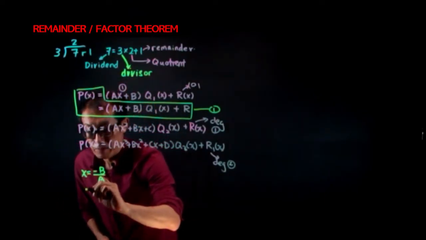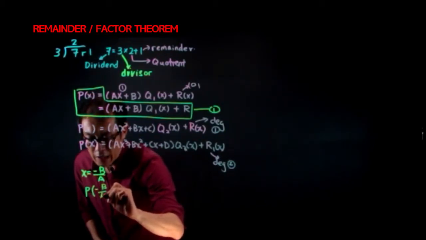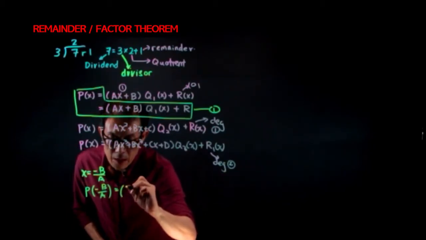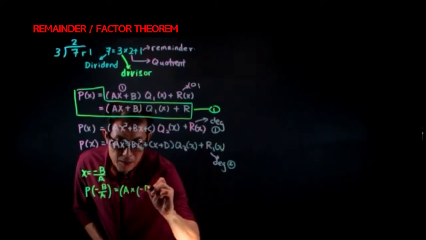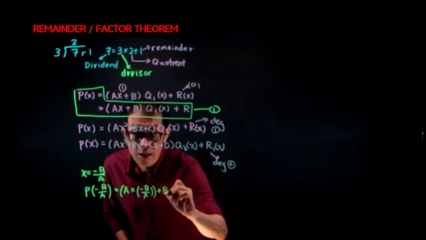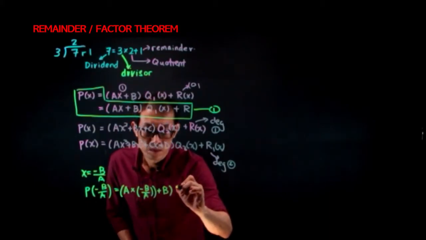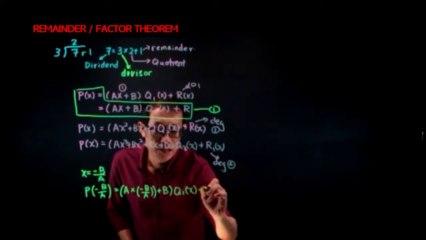Now, then you will get p of minus b over a. Then you have a times minus b over a plus b, q1 of x plus r.